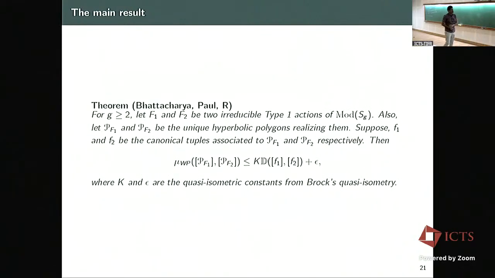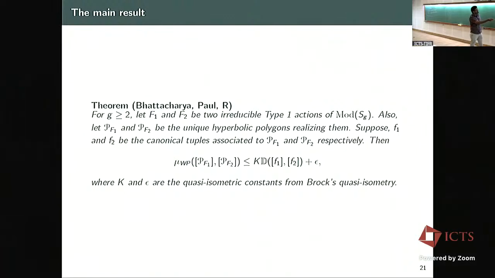And thus, putting it all together, we have the result. If F1 and F2 are reducible type 1 actions, and these are the corresponding structures that you realize them as isometries, then the Weil-Petersson distance, and here I forgot to put the star above it, I meant the orbits in the Teichmüller space, these are the mapping class group orbits of these structures in Teichmüller space.